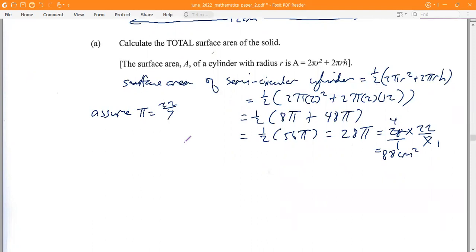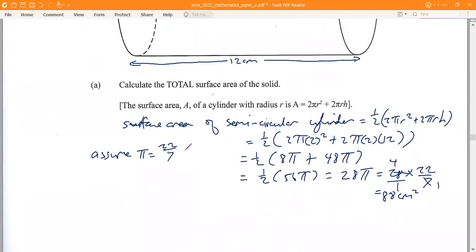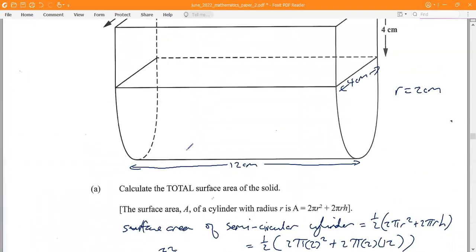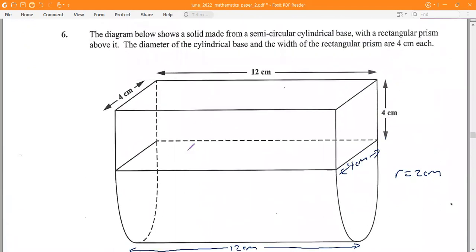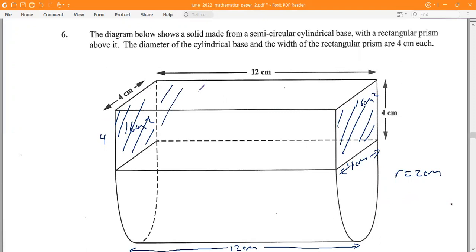So this will give us the surface area of the cylindrical portion of the solid, but we need to get the surface area of the cuboid or the rectangular prism. Remember, we have one face here, which is a 4 by 4, 16 cm squared. Over here, we have the same face, 16 cm squared. In the back here, we have a 12 by 4, 48 cm squared.